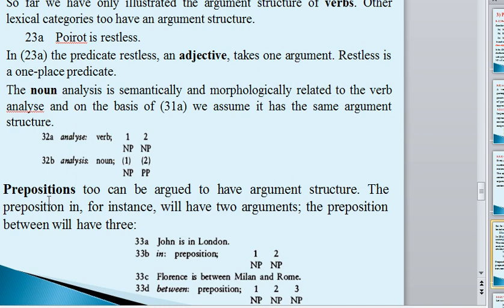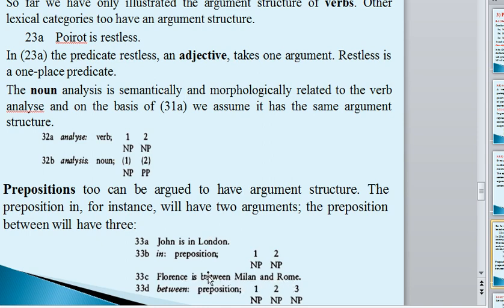The last one, the preposition. Prepositions too can be argued to have argument structure. The preposition in, for instance, will have 2 arguments. You see here, John is in London. This preposition needs 2 kinds of arguments, John and London. Or the preposition between needs 3 kinds of arguments. Florence is between Milan and Rome.